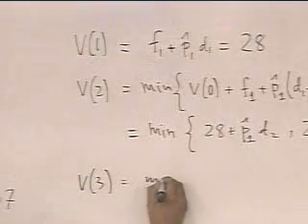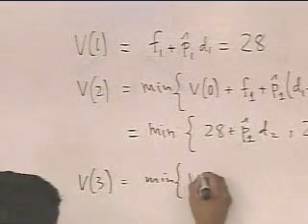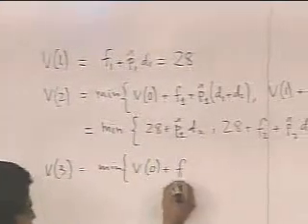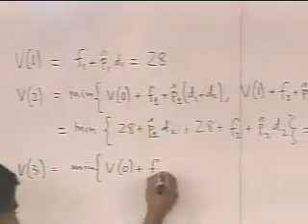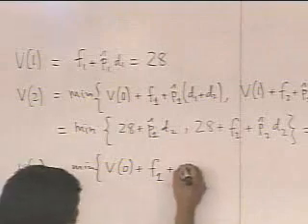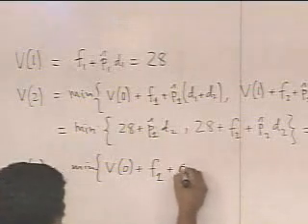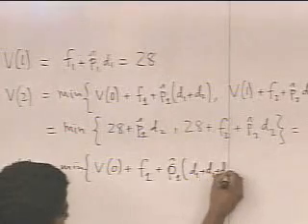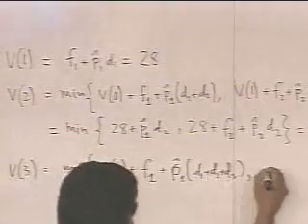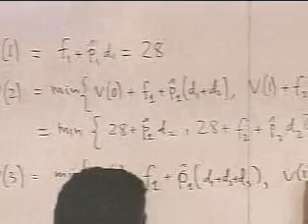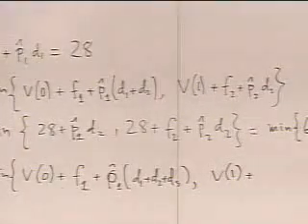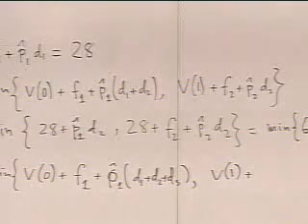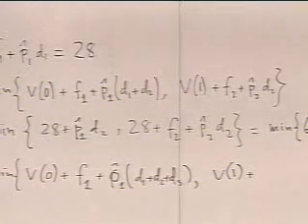That's going to be the minimum of again the same quantities. V0 plus, now I'm going to assume that I'm going to produce at time 1 for everything. That is p hat of 1 times d1 plus d2 plus d3. The next one is V1. That means the last production epoch was time 2. So before time 2 I accounted for by looking at V1.